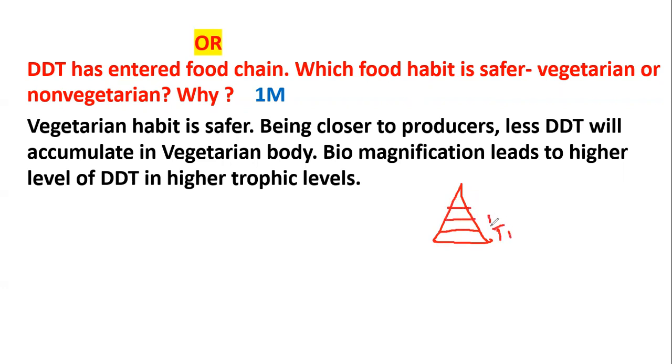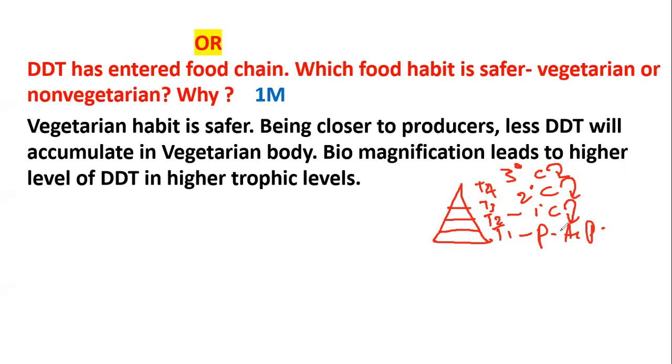Here T1, T2, T3, T4. T1 are all the producers, which are autotrophs, all the plants, and the second are the primary consumers, then secondary consumers, tertiary consumers. The primary consumers depend on producers for food, secondary depends on primary, and tertiary depends on secondary.